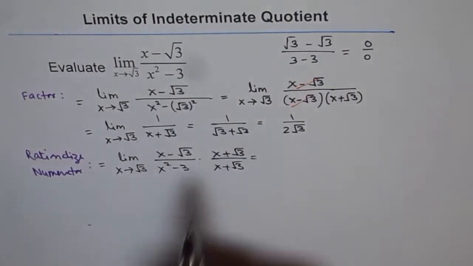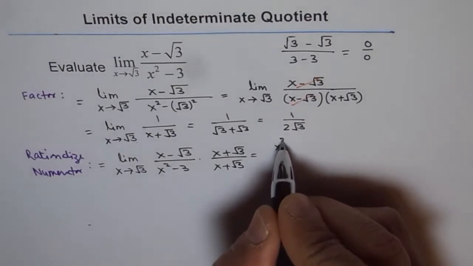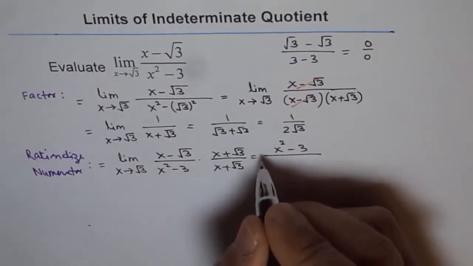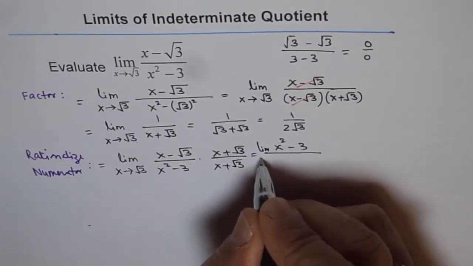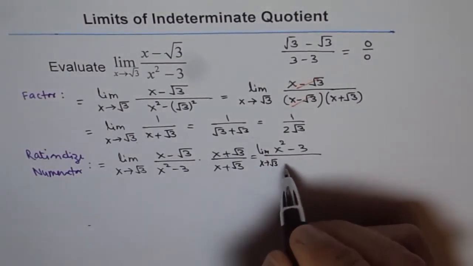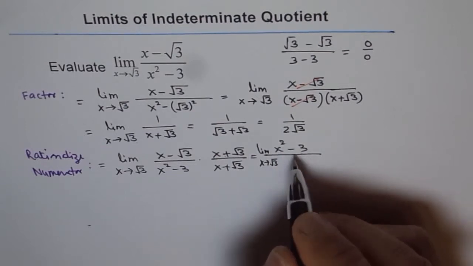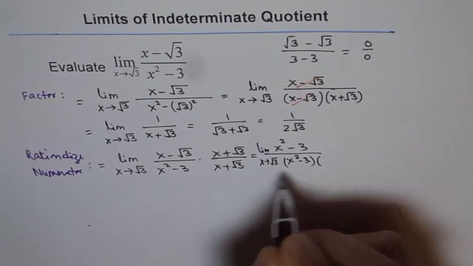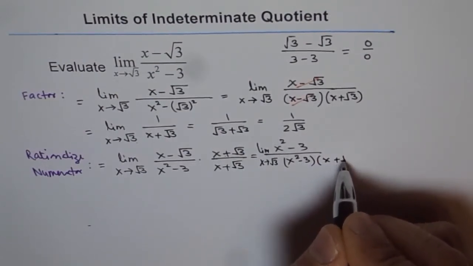So we get a difference of squares here, which is x squared minus 3 in the numerator, and for the denominator, let me write the limit as x approaches square root 3 everywhere, all the time. So we get x squared minus 3 in the numerator, and in the denominator we get x squared minus 3 times x plus square root 3, correct?